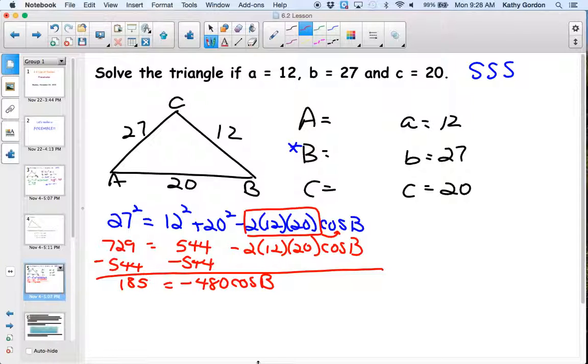We're going to have to divide it because it's being multiplied to cosine B. So we end up with the cosine of B being equal to a negative, what was it? Anybody got it? 37/96. Yeah, so you can simplify it. You can just put it in that way. You can get the decimal equivalent, whatever you want to do. As a decimal, it was a negative 0.385 or so. Okay.